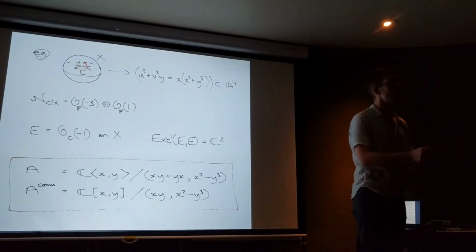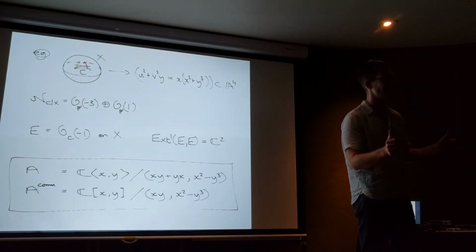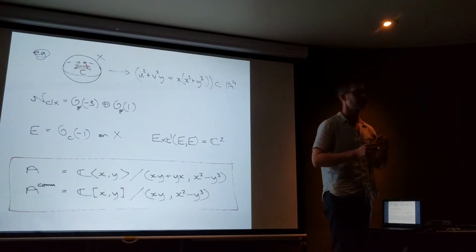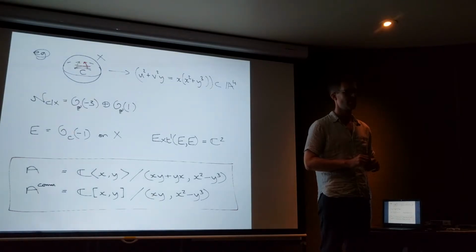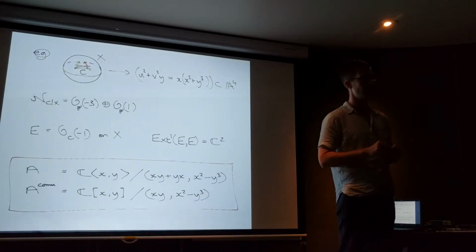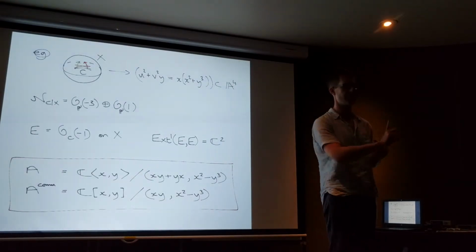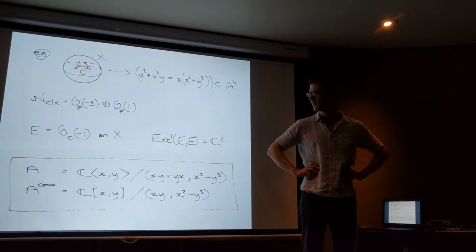Sorry, so I divide by the two-sided ideal generated by commutators. So we start with a Cn algebra. We divide by the two-sided ideal of commutators. So it is still an algebra. I'm sorry. No, that's okay. Just to follow it.